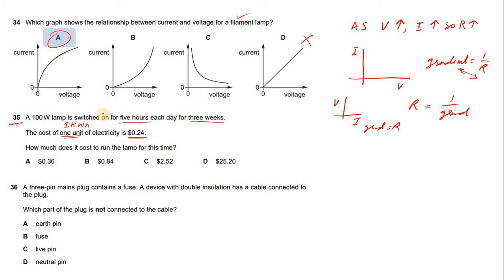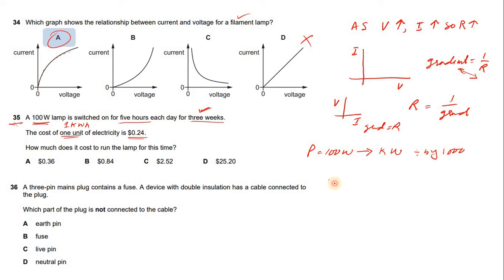So we need to find how much energy we use in 3 weeks for 5 hours for that power of lamp. Remember, we deal with the kilowatt hour, and this power is given in watt. So first of all, power 100 watt must be converted into kilowatt. So divided by 1000.